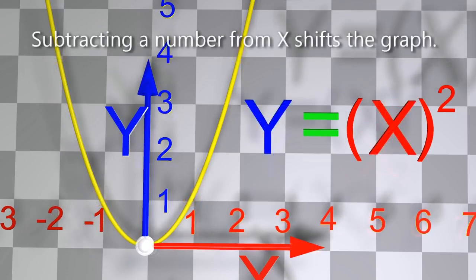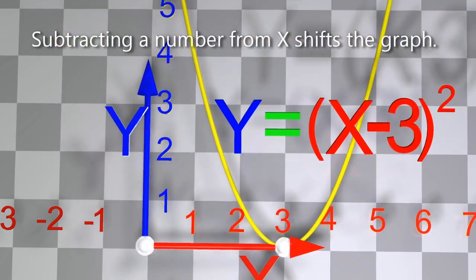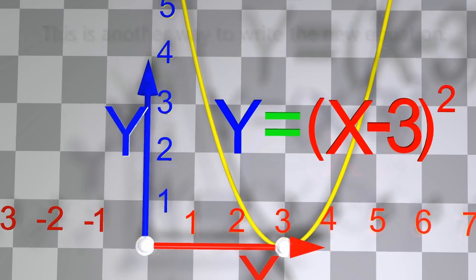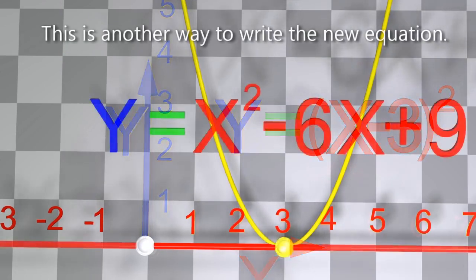Subtracting a number from x shifts the graph. This is another way to write the new equation.